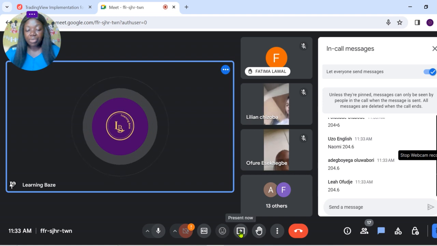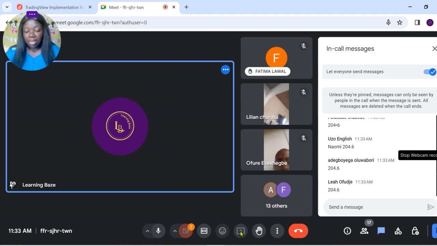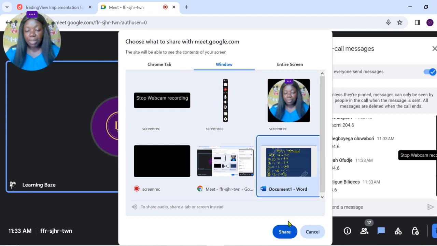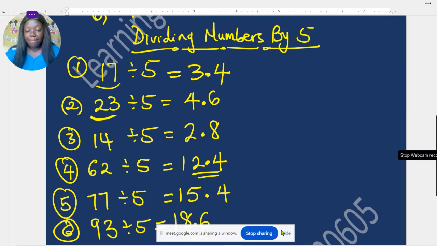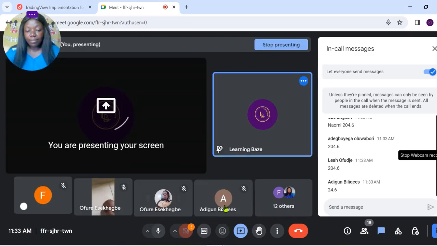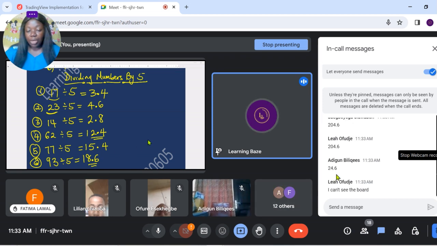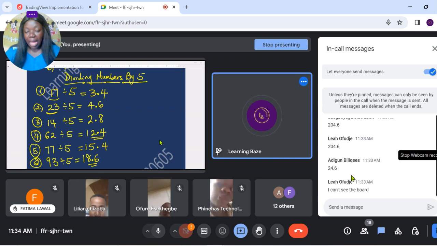So I'm going to share my screen again and let me see if everybody will be able to see my screen. If you can see my screen now, I've just started sharing it.